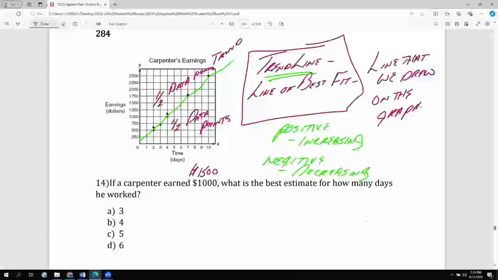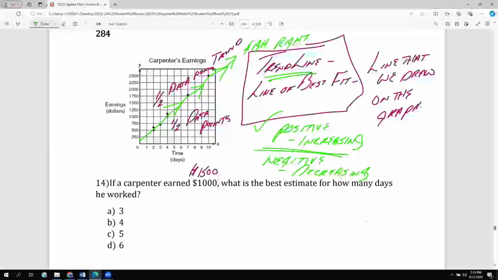Well, because it's going from low left to high right, it's moving high right. Right? It's moving in this direction. I would say, oh, this is a positive or increasing trend.